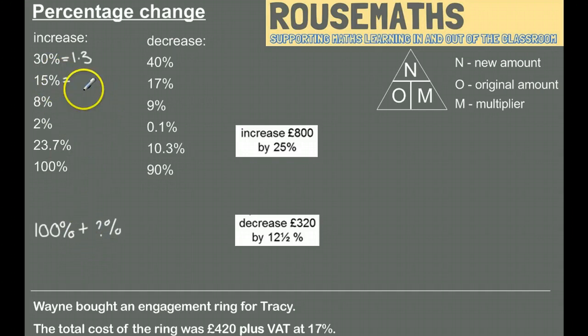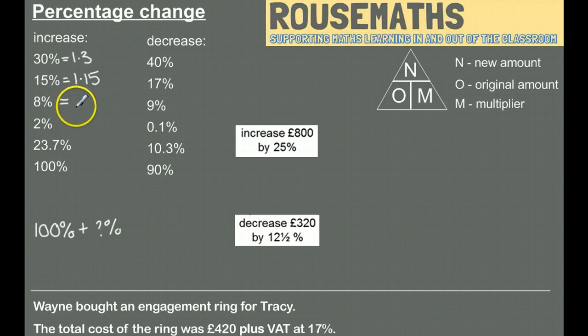Similarly, if we want a 15% increase, that's 15% on top of the original 100%, which is 1, plus our 15%, which is 0.15 as a decimal, meaning that we can represent a 15% increase by 1.15.